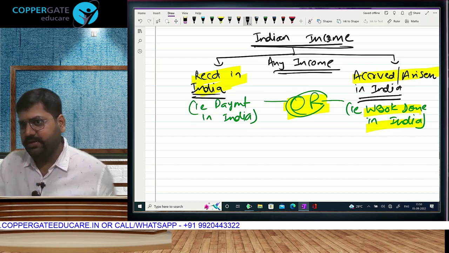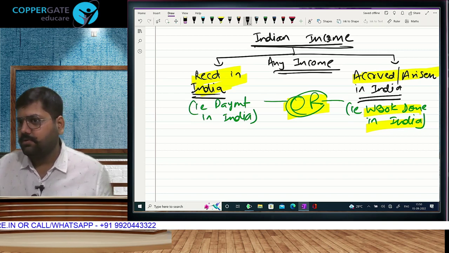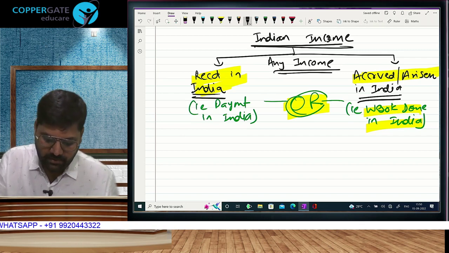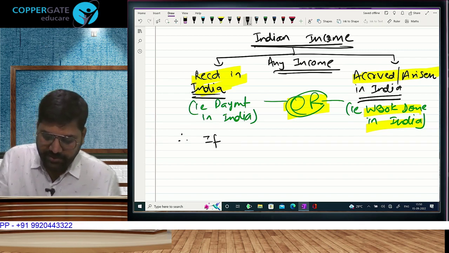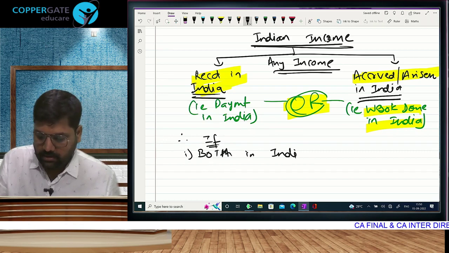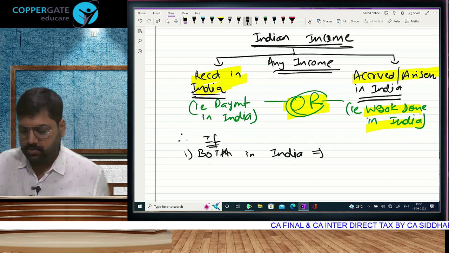If I ask you whether it is Indian income or foreign income, I am insulting you. But I am still asking you. Foreign income? That is, if both the above activities have happened in India, work done, that is arising of income, and receipt of payment, so it will be treated as?